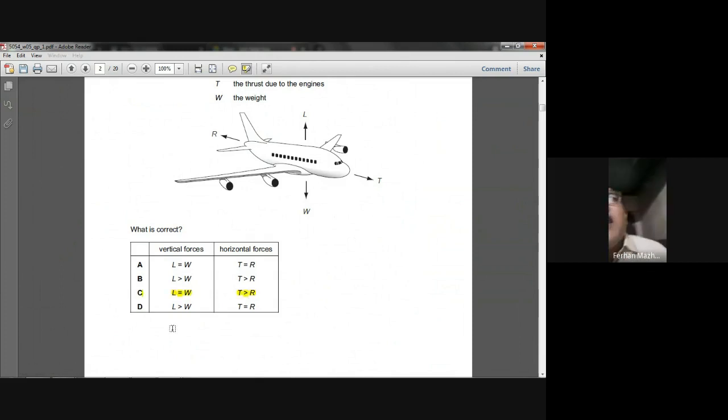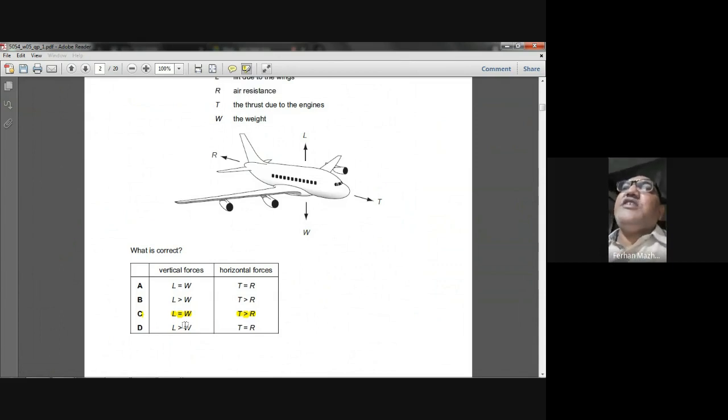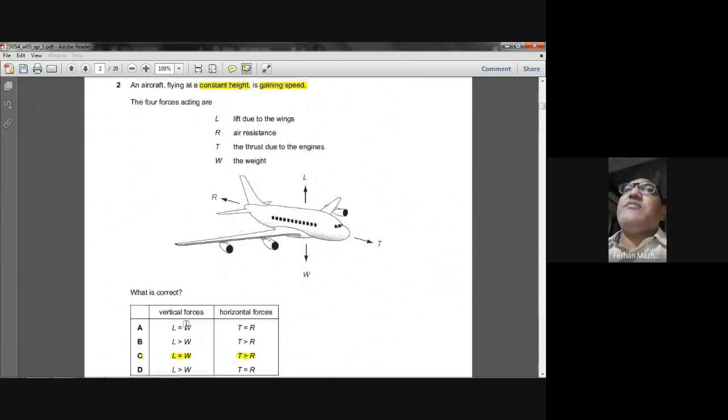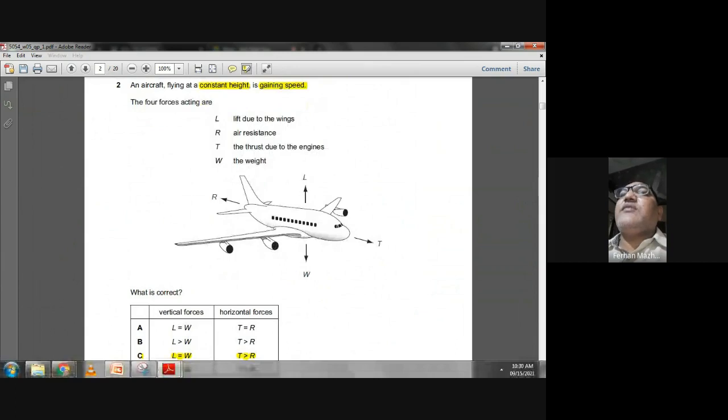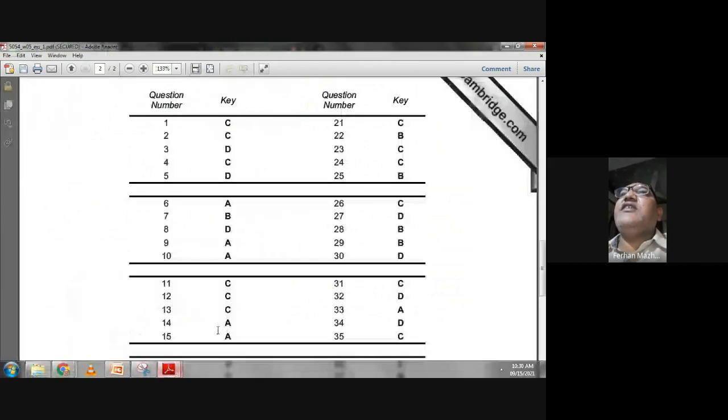L and W are equal because the aeroplane is at a constant height, and T is greater than R because the aeroplane is gaining speed. So C looks the best answer to me, and let's check the marking scheme. C is the right answer, sir.